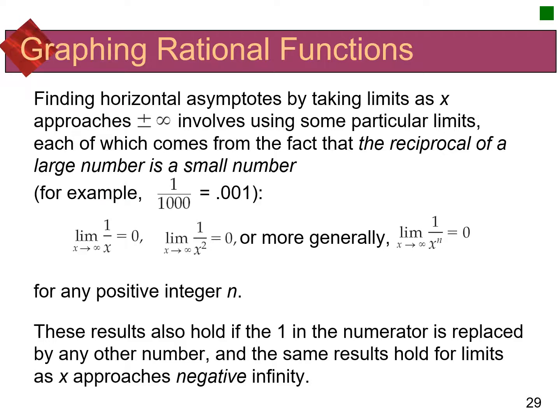But essentially, when I have x approaching infinity or negative infinity, that's why I divide both the numerator and denominator by the highest power of x, so I can get those zeros to occur, and I know what the horizontal asymptote will be and where it's located.